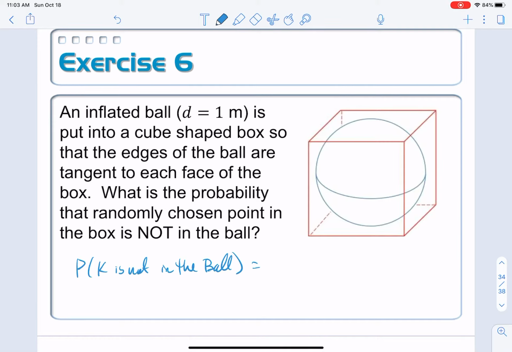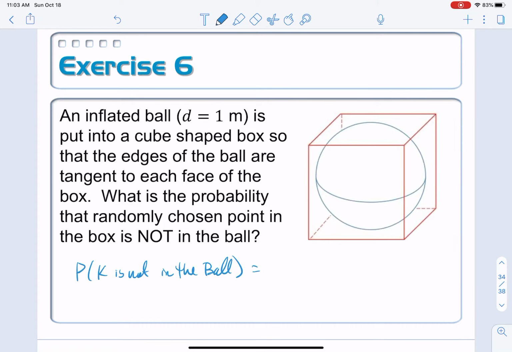My favorable is my point being chosen any place outside of that ball, but inside of the box. How do I get that volume? I just subtract the two volumes: volume of the box minus the volume of the ball. And then my total outcome, of course, is everywhere you can possibly choose a point, which is the volume of the box. Okay, so we've got a strategy here on how to find the probability.